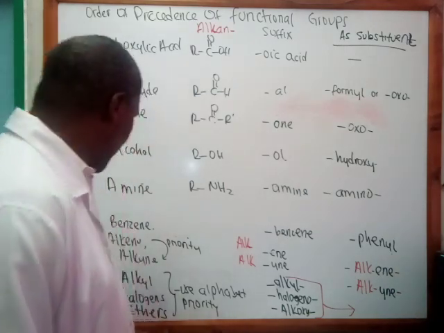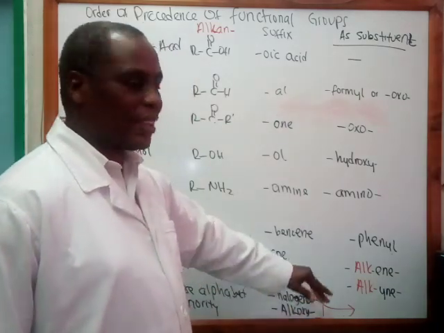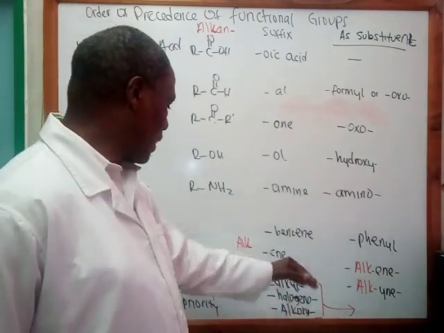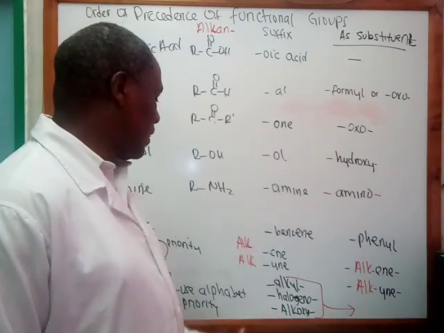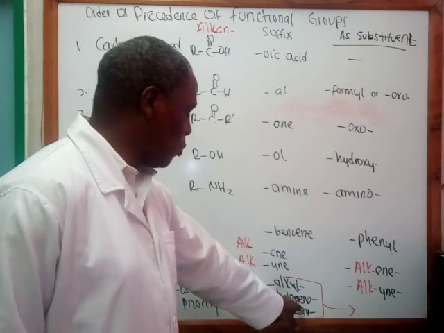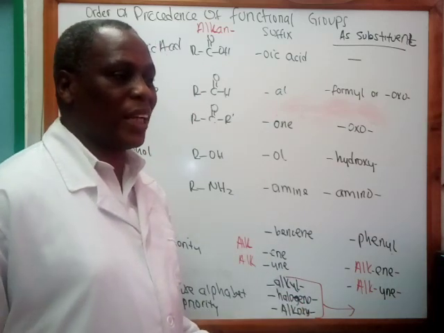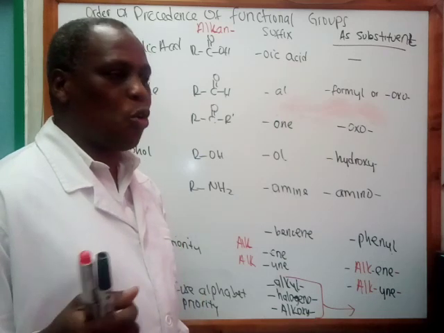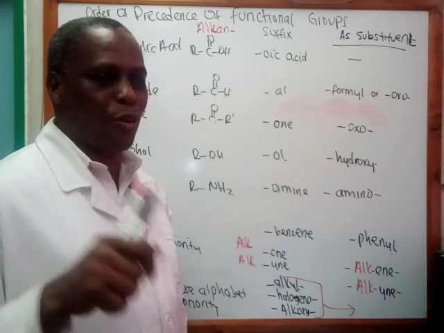Now, if you have an alkyl group like a methyl group, you're going to use alkyl names like methyl, ethyl, propyl, and the rest. If you've got a halogen, for example a fluorine, then the name will change to fluoro. I'm putting halogeno. It means it will end with O, for example fluoro, chloro, bromo, iodo.